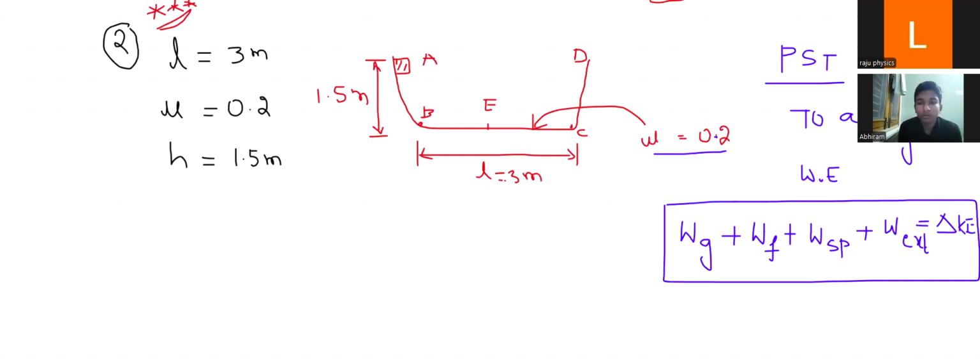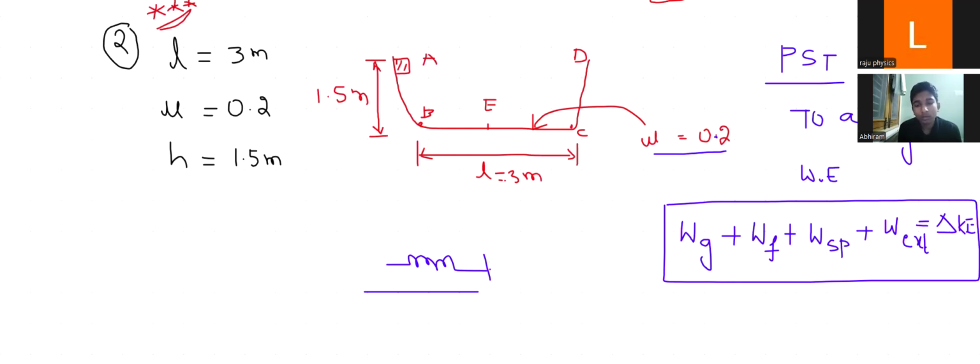For example, here a spring is there. Now the spring is elongated or compressed.